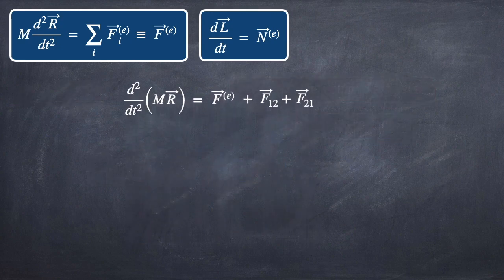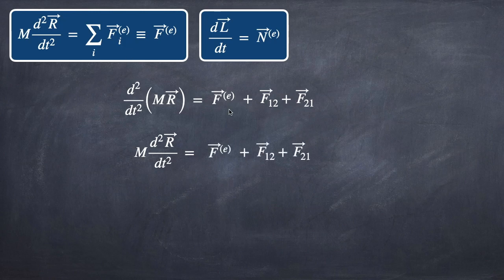And since the mass is a constant, we can write it outside the derivative, and we just obtained the left-hand side of this equation here. And we just repeat these three terms.